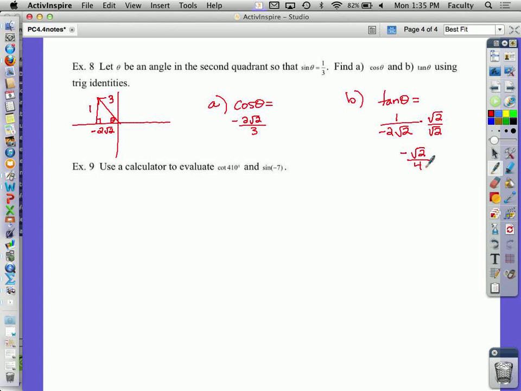Remember to get cotangent. You take 1 divided by tangent 410 degrees, and I got 0.8391. The second one, you'd want to change to radians and put the sine of negative 7. I got negative 0.6570. Anybody having any trouble with that?